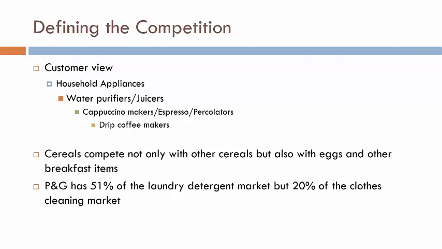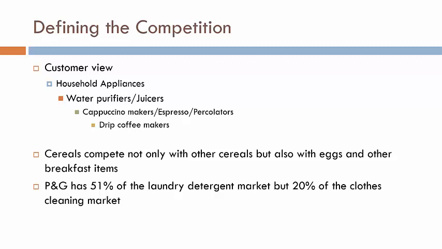Now, for breakfast, cereals may not be the first and last choice the consumer makes. They may consider several other categories, so eggs, breakfast bars, and other breakfast items also need to be considered. All the competitors that manufacture these alternatives may be part of the consumer's consideration set, so we cannot ignore that.